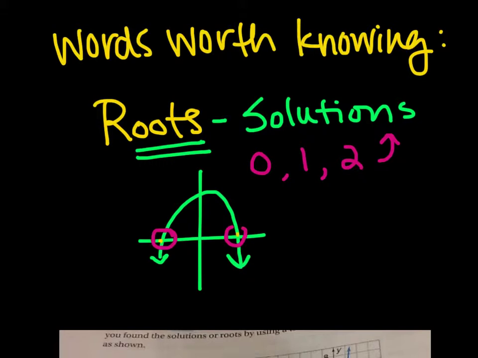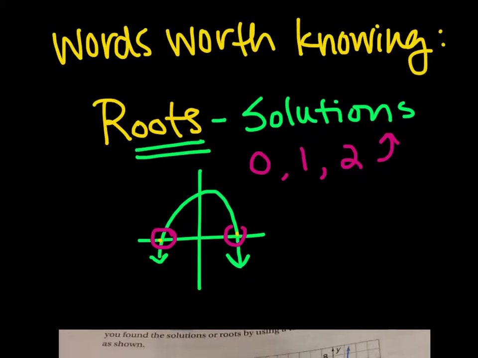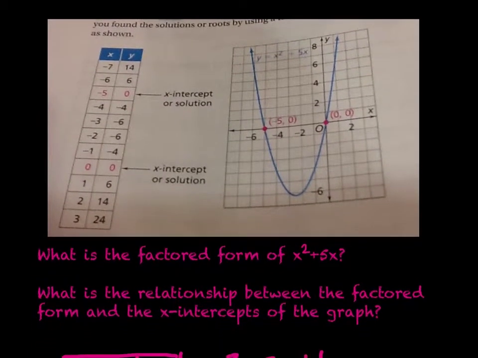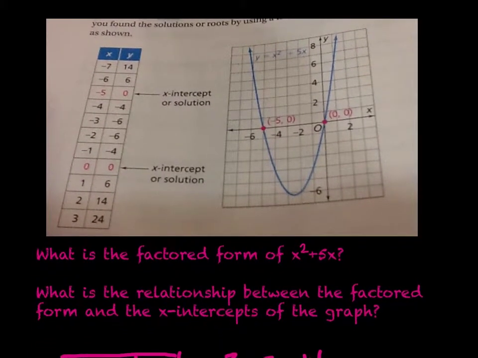We need to find out how to solve for these, and so that's exactly what we're going to be doing with this investigation. So we have a little bit of information here. This is from your book. If you look at your book, you'll see this exact table and graph. Here is a particular graph and table for this function. y is equal to x squared plus 5x.